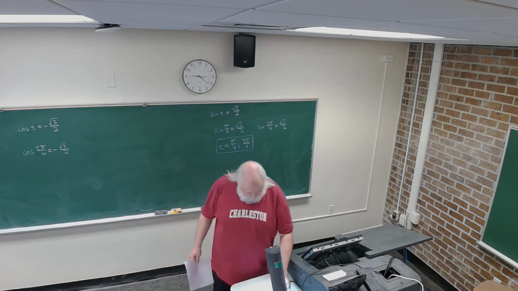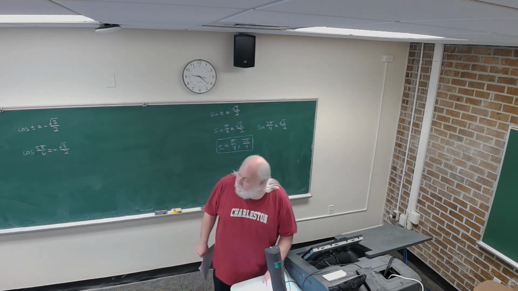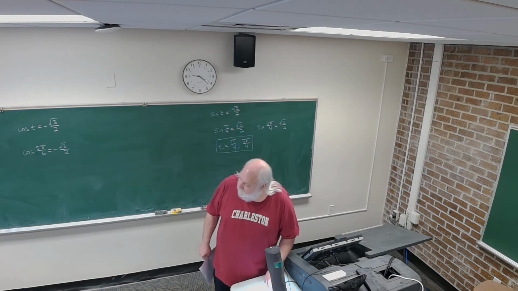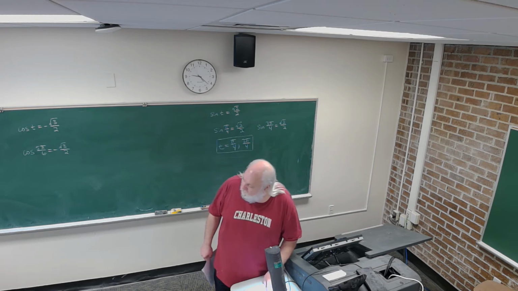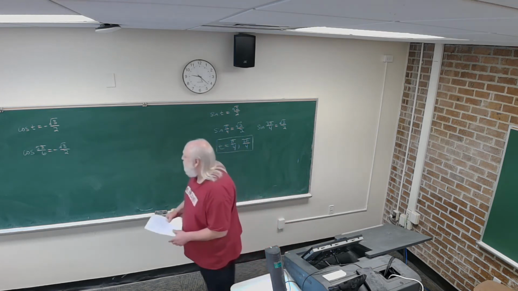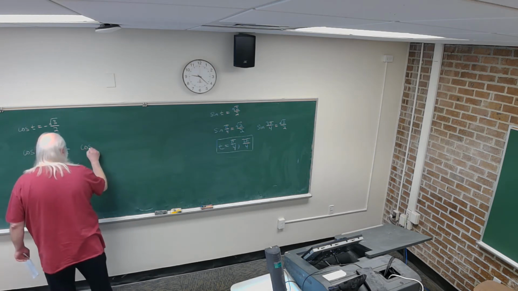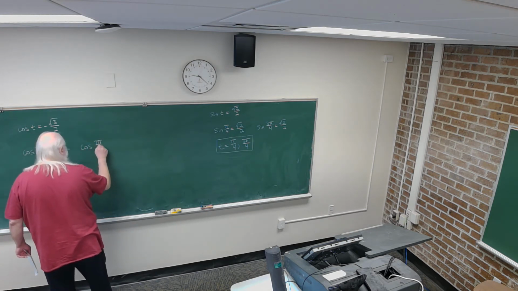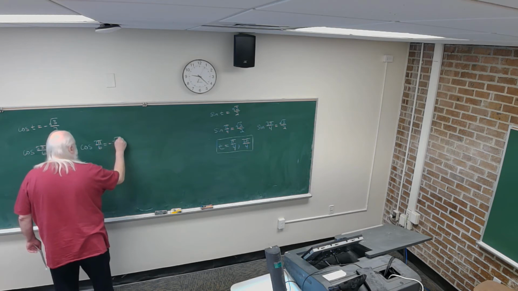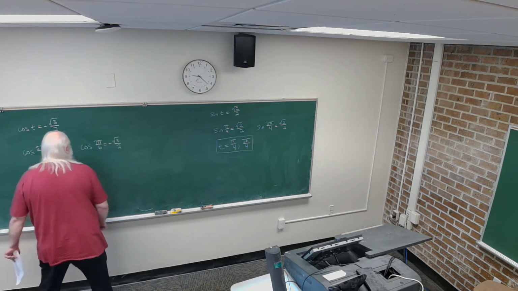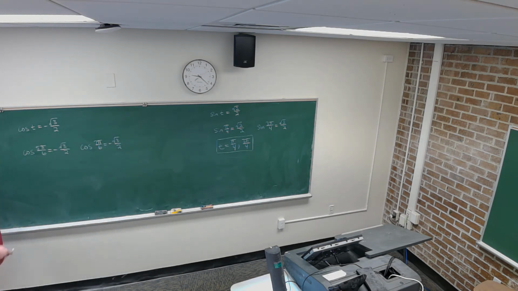And as we continue around the unit circle, down here, this point has an x coordinate of minus root 3 over 2, and it corresponds to angle 7 pi over 6. So the cosine of the angle 7 pi over 6 is also minus root 3 over 2. And there are no other points on the unit circle that have an x coordinate of minus square root of 3 over 2.